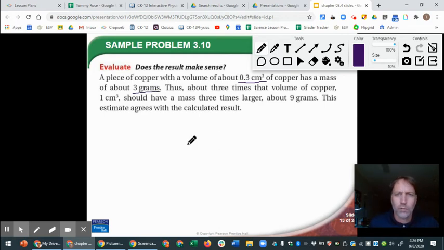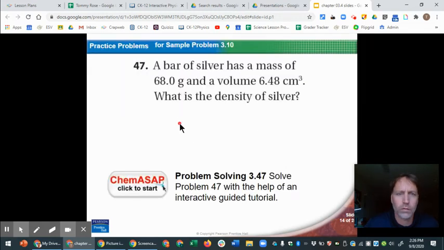That's about 3 times the volume of copper. 1 centimeter cube should have a mass 3 times larger, about 9 grams. This estimate agrees with the calculated results. It's very good, so we have that.